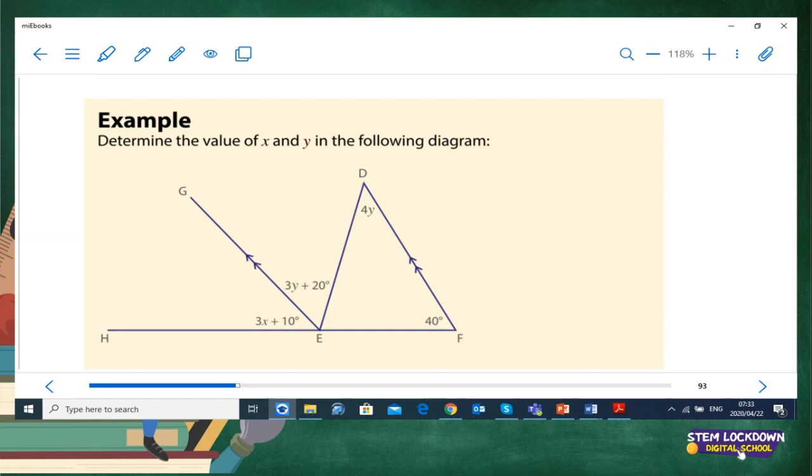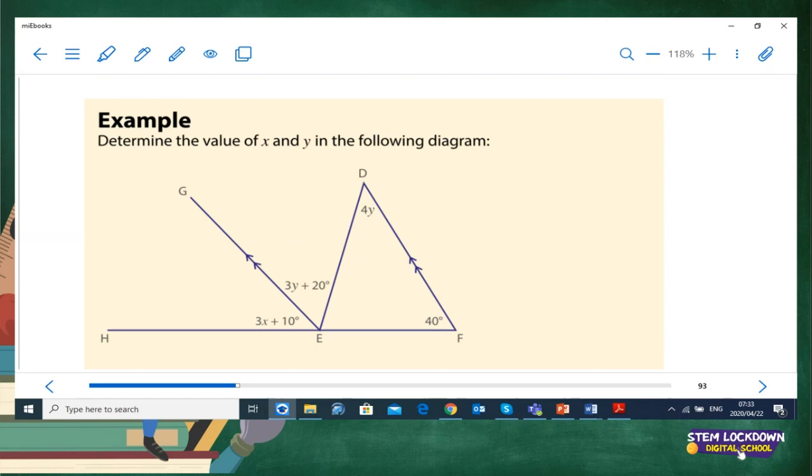Now, you also have another set of angles, which will be 4y and 3y plus 20. These two angles are known as alternate angles. And remember, alternate angles are also equal if and only if the two lines are parallel. In this case, DF is parallel to GE, and those two angles form a Z shape.